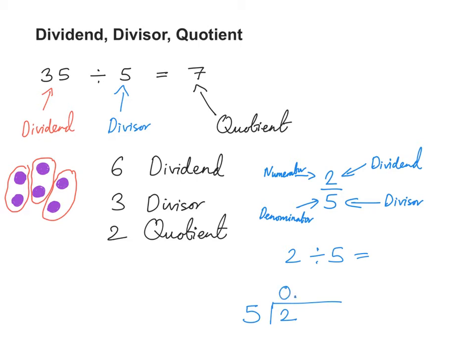We put the decimal there, and we put some zeros there. How many 5s go into 20? Clearly it's only 4. So the answer is 0.4. So here, 0.4 is the quotient. Next to the fraction, 2/5 is equal to 0.4, and 0.4 is the quotient.